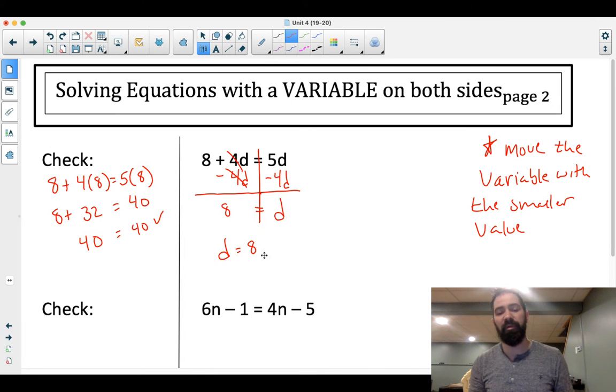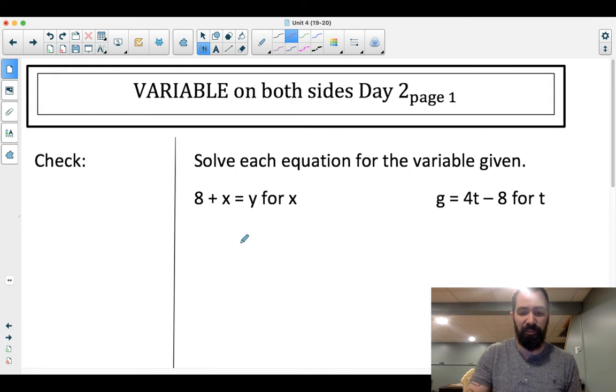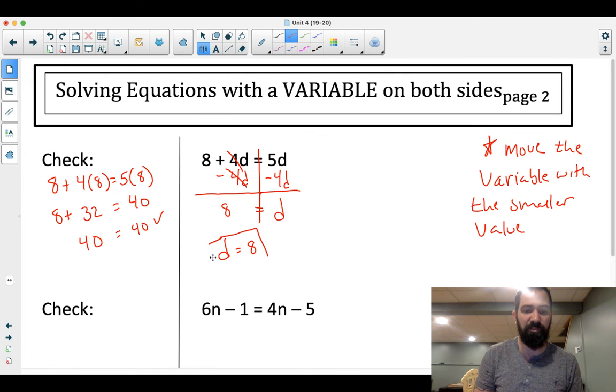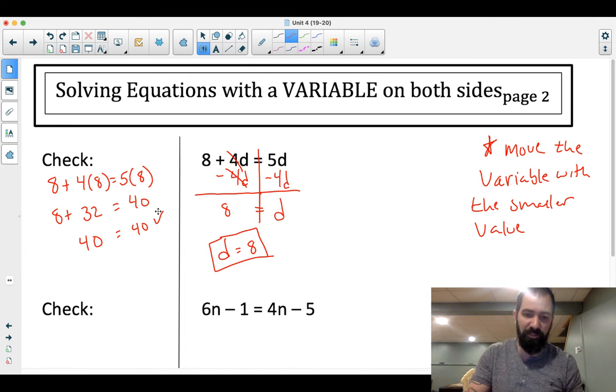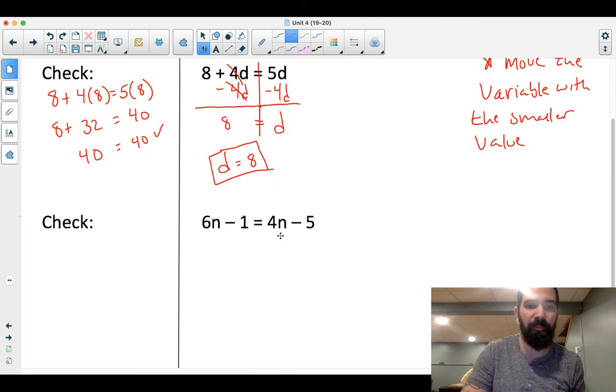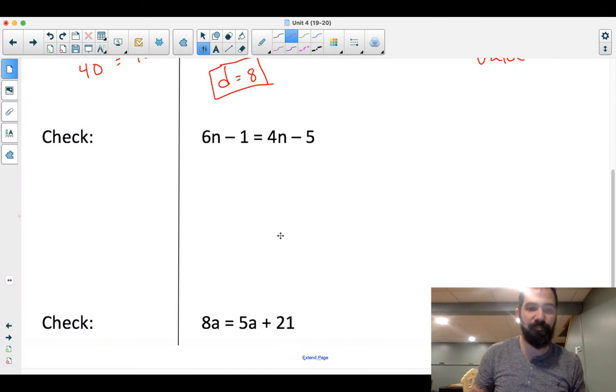So we proved that d does indeed equal 8, because these numbers ended up the same. And that's it. All you're doing is moving one variable to the other side to combine your like terms in the other variable.